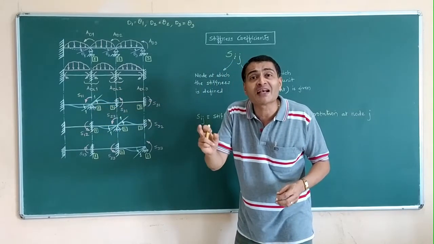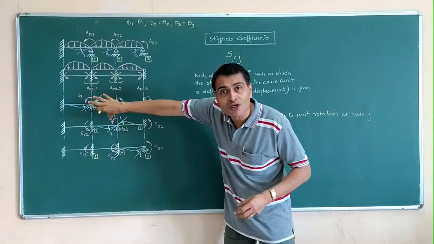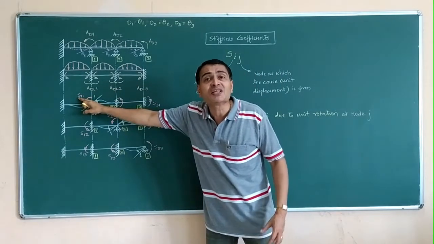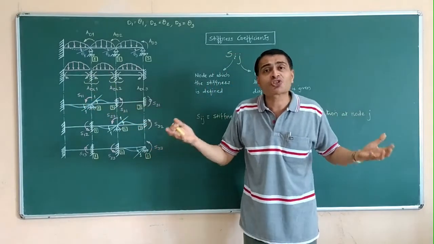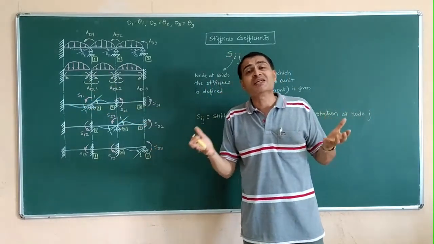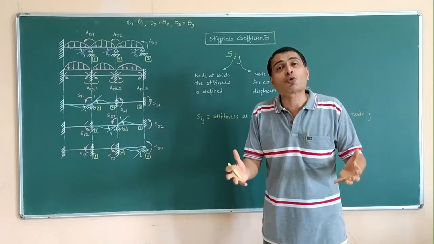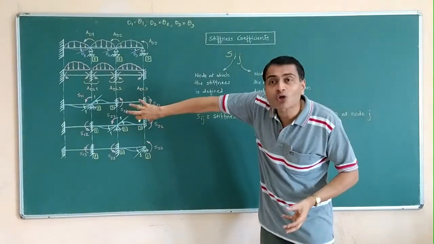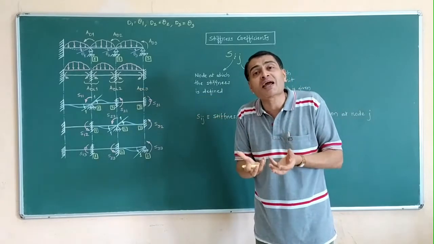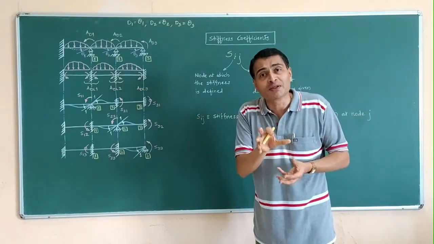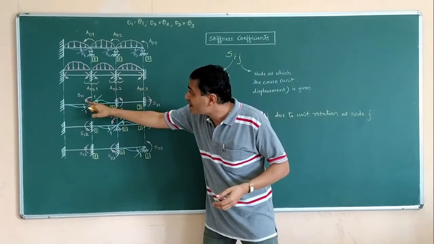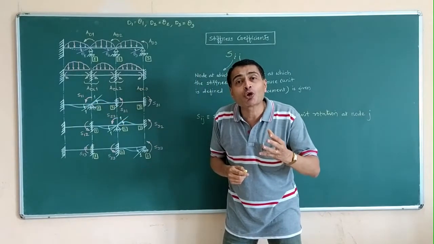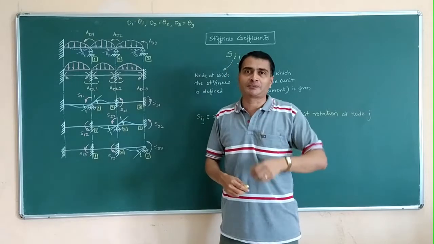Unit means 1 radian anti-clockwise rotation, and the corresponding action is stiffness, because the very definition of stiffness is the action corresponding to unit displacement. My displacement is rotational, so my corresponding action is couple movement. So this I am calling as stiffness. And how am I defining it? I am calling it S11.